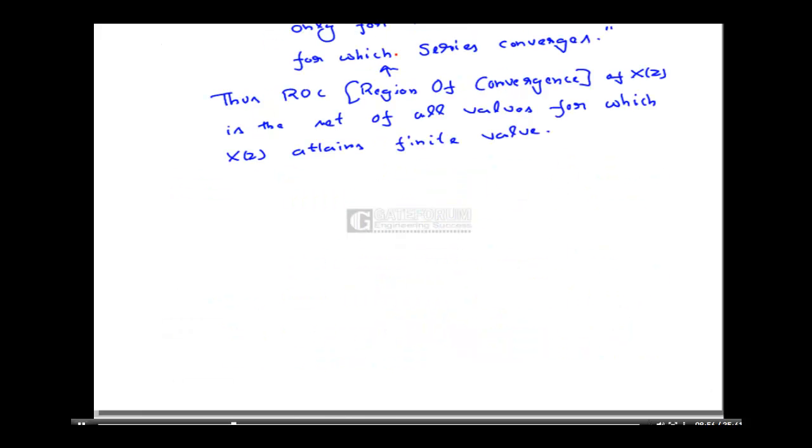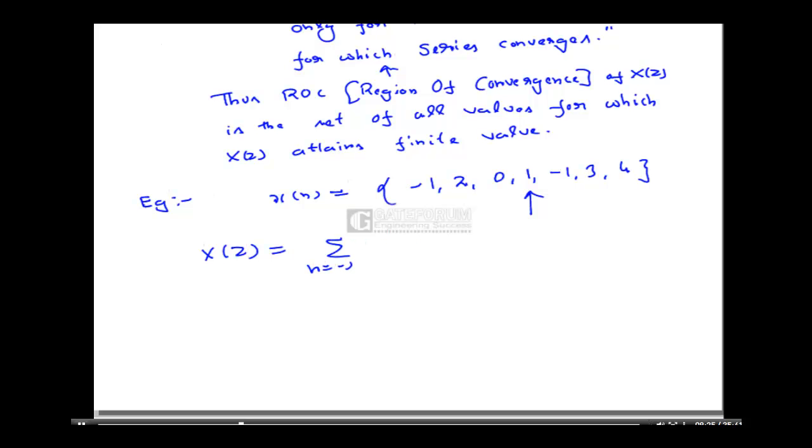Let's find the ROC for a few finite duration signals. Just write it as an example. If x[n] is equal to some signal -1, 2, 0, 1, -1, 3, 4, where 0 is located at this point, this means this is at the origin. Then X(z) will be the summation, n tending from -infinity to infinity, of x[n] z to the power -n.